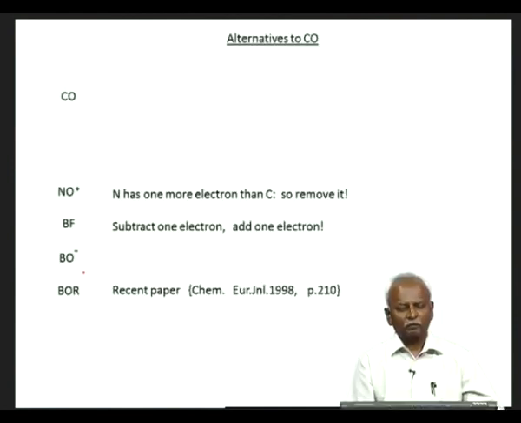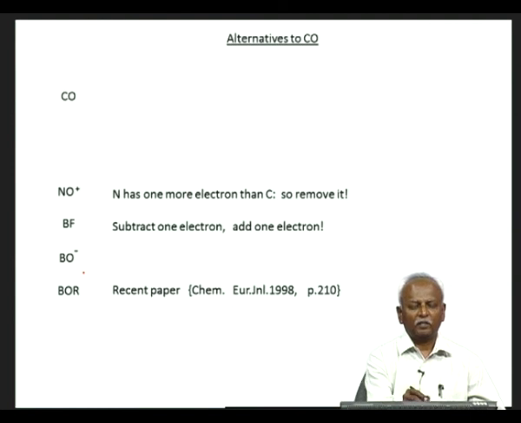Okay. So, we have looked at several examples now of nitric oxide bonded to the metal atom. One can ask the question, why not change the atom from carbon to boron instead of carbon to nitrogen?